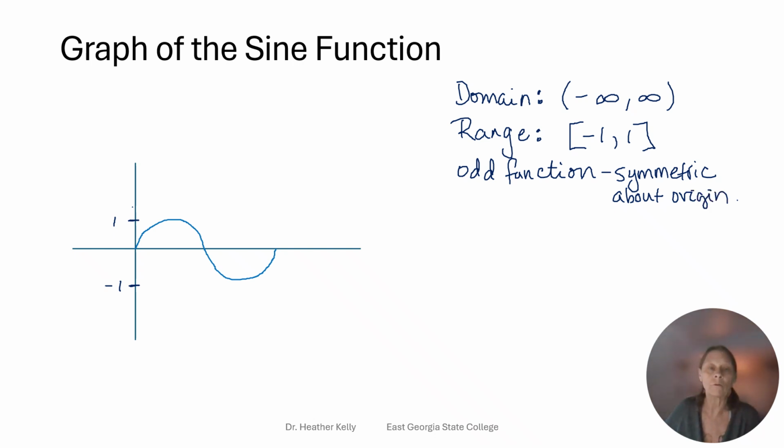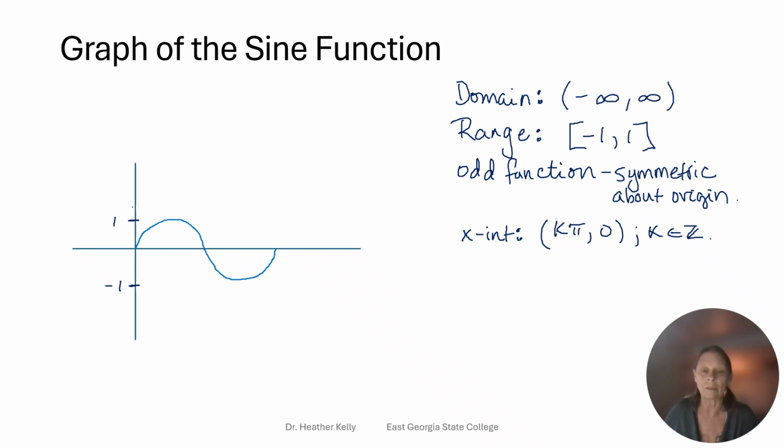Okay, another thing that we need to know about graphs is x-intercepts. So where do the x-intercepts occur? Well, the x-intercepts occur at every multiple of pi. So x-intercepts happen at (k pi, 0), where k is an element of the integers.